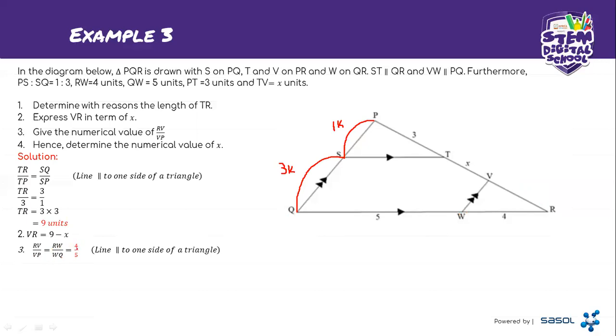Then our answer is 4 over 5. So that is the value for RV over VP. Then the reason: line parallel to one side of a triangle. If you conclude this side is equal to this side in terms of ratio, you always conclude with that reason.